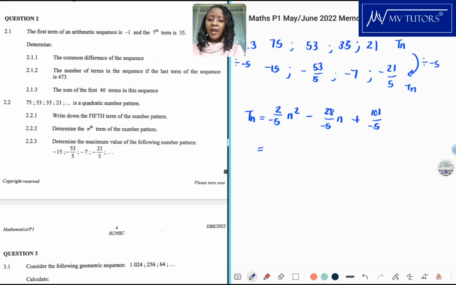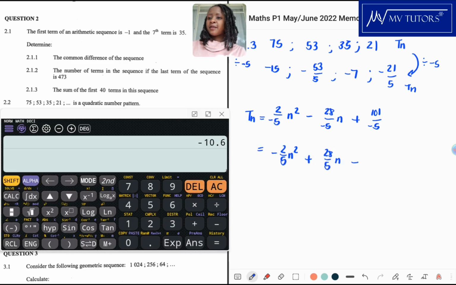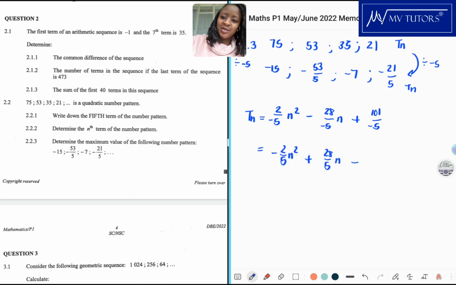If you did it the long way, you would have gotten the same answers. I just thought, let me just do it a different way. That'll be plus 28 over 5n, and that'll be negative, what is 101 divided by 5? Oof, no, it's fine, I'll just use 101 over 5. So that is my new Tn equation, alright?